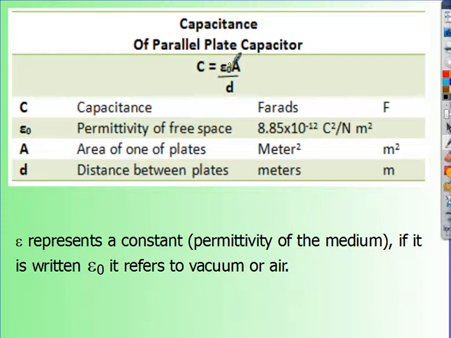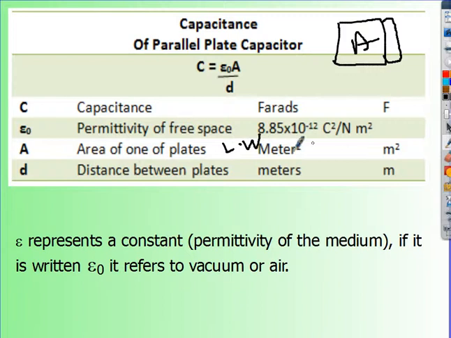Don't worry, I'm going to give it to you. A is the area of one of the plates. So if I have two parallel plates, one here and then one slightly below, this is the area. You remember how to find area? It's length times width, and we measure it in meters squared. And D is the distance between the plates.